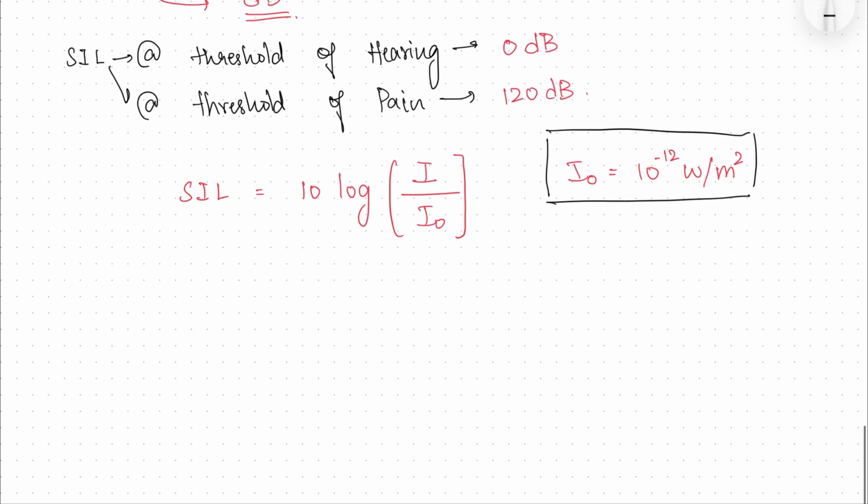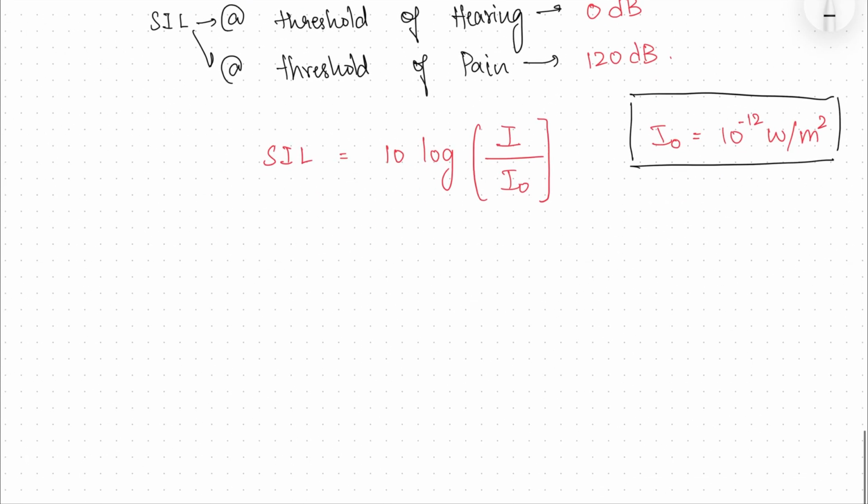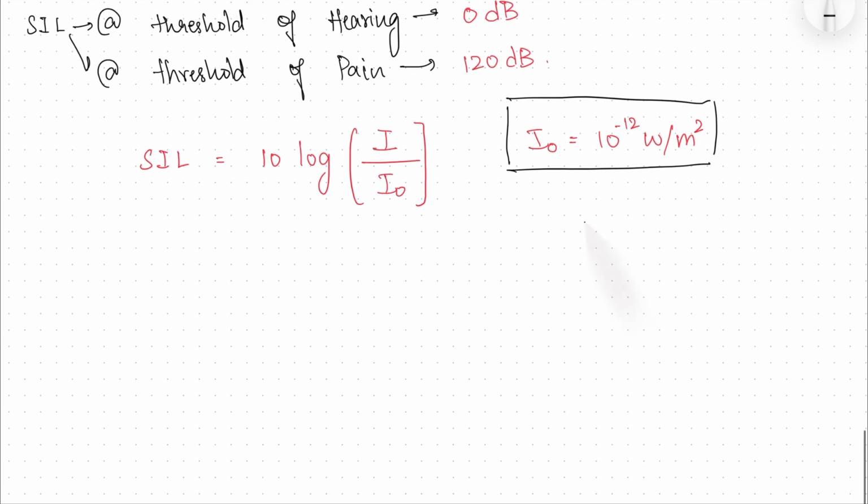Now for example, I'm just going to do an example sum here. We'll do sums full-fledged later, but let's consider an example now. Say there is a sound intensity of 10 to the power minus 3 watt per square meter, and they ask you to find the sound intensity level, or sometimes they'll ask for the sound level in decibels.